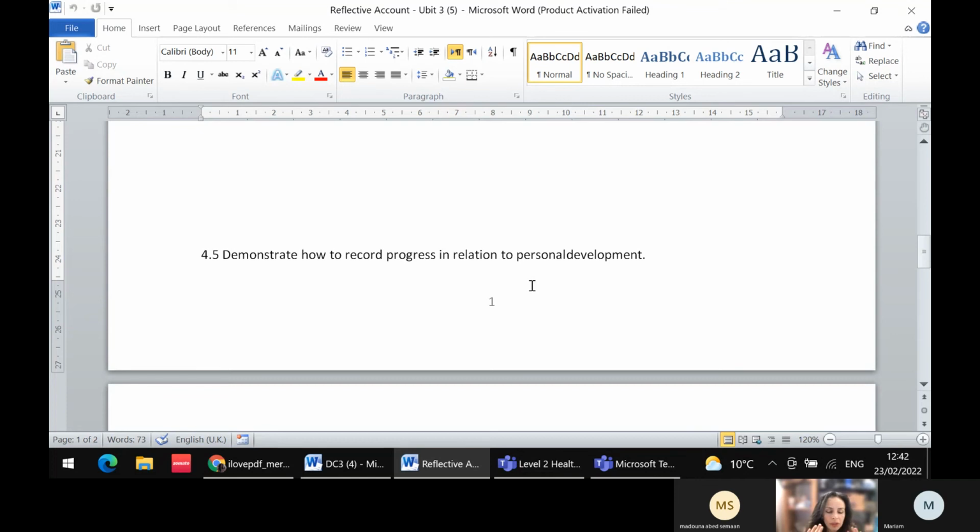It's not complicated. This unit is really easy if you concentrate, if you read the book, if you do some research on Google. We finished Unit 3, sorry, which is personal development plan. I'm going to send you the link for the recording, and also the paperwork which we were discussing just now.